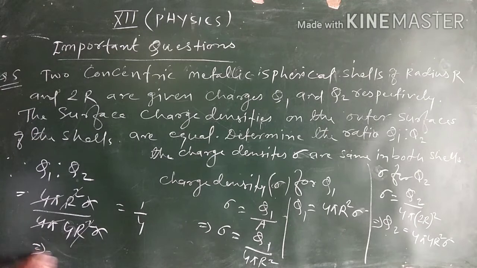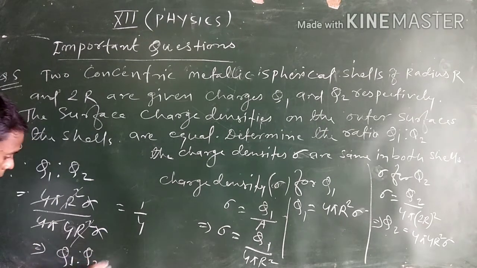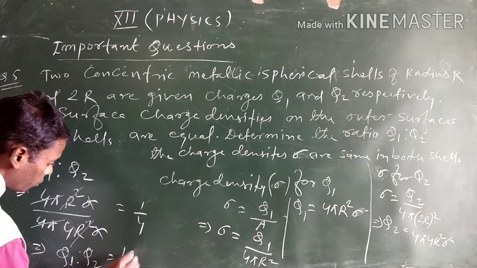That is the final answer: the ratio of Q1 to Q2 is 1 to 4.